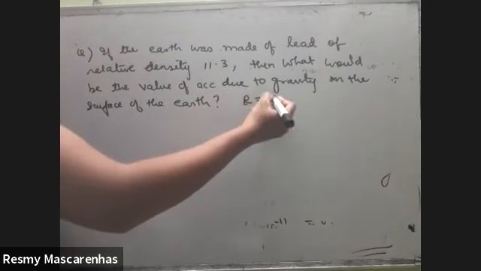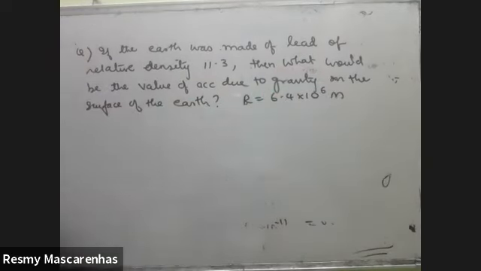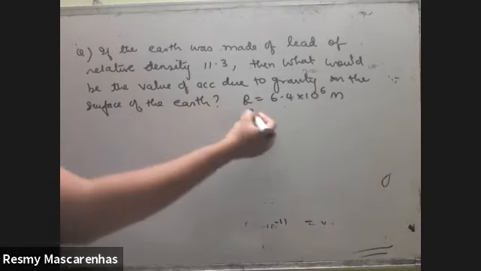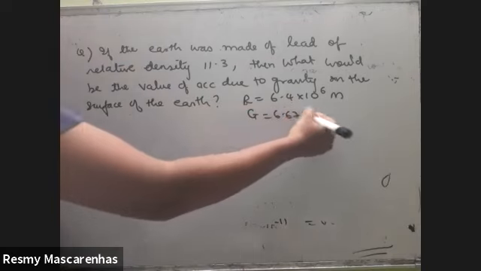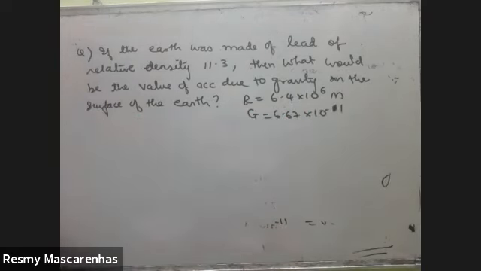Radius is given as 6.4 into 10 raised to 6 meters. G is given as 6.67 into 10 raised to minus 11.